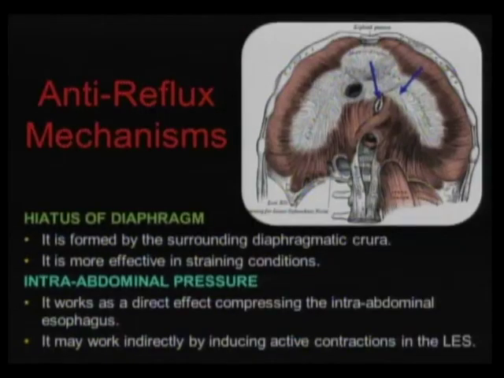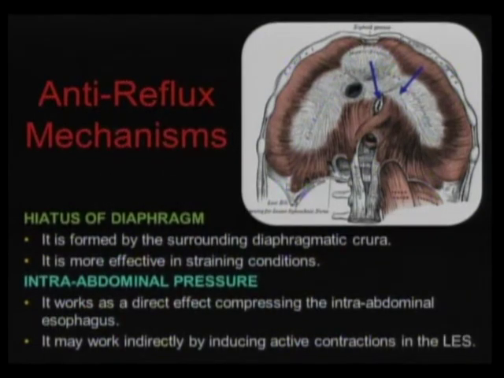Let's see, okay. So the other anti-reflux mechanism is the hiatus of the diaphragm that is located here, okay? It is surrounded by diaphragmatic crura, okay? And is mostly effective when we have abdominal hypertension in straining conditions. In that moment, there is a contraction of the hiatus, and this helps to prevent reflux, okay? For example, when we perform sports or something like that.